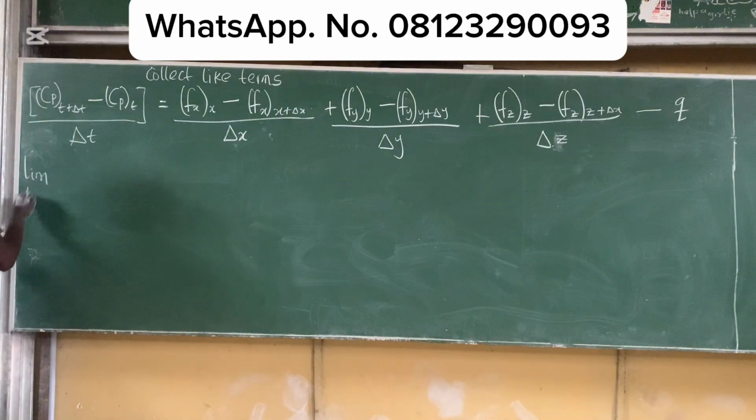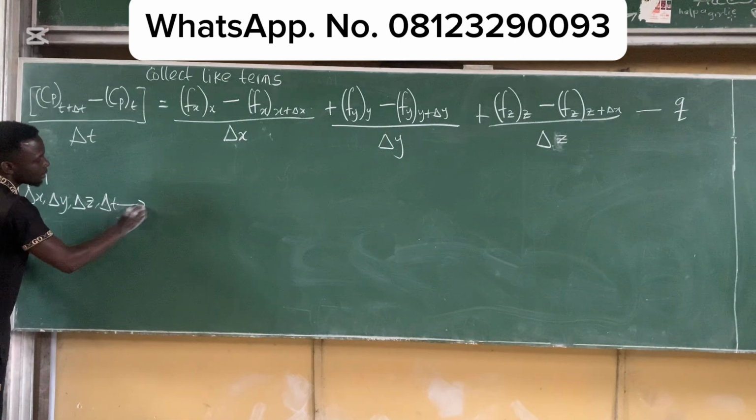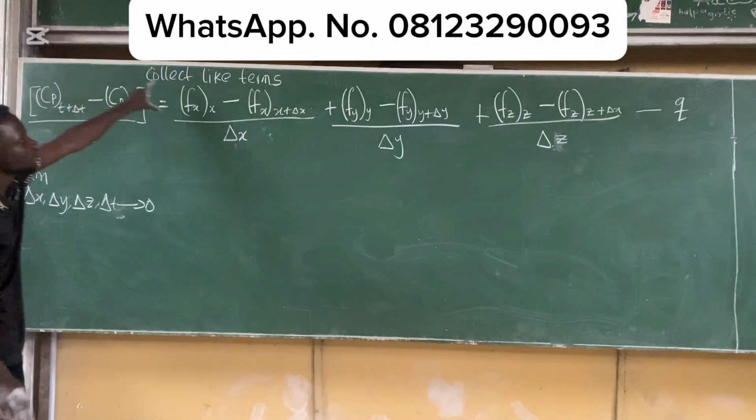the limit as delta x, delta y, delta z, and delta t tend to 0 of this equation.